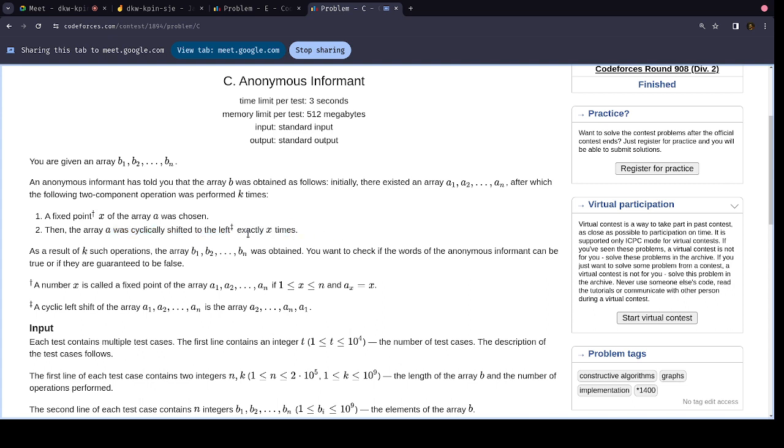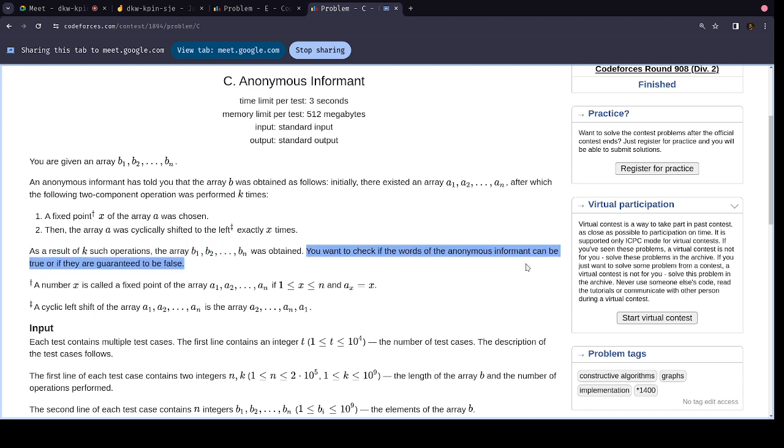So what is a fixed point? A number x is called a fixed point in the array if A[x] equals x. Basically, if in the fourth position you have the number 4, that is a fixed point. So for a given array A, we chose a fixed point and left shifted the array that number of times. As a result of k such operations, the array B was obtained.